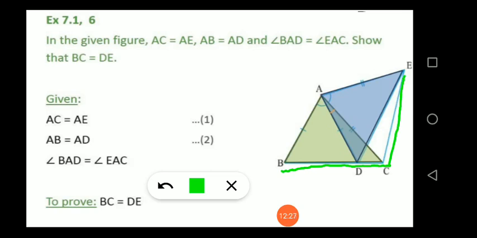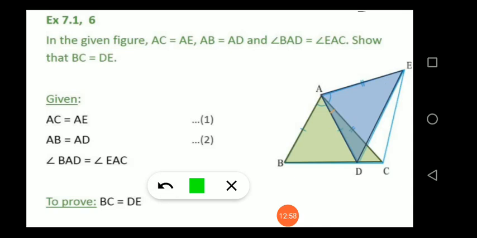So again students, if we prove that triangle ABC, which is shaded here in green, is congruent to triangle ADE, which is shaded here in blue, then we can say that BC is equal to DE by CPCT. So first of all, let's find out what are the three pairs we will use.